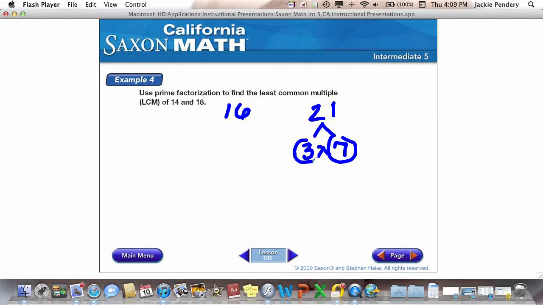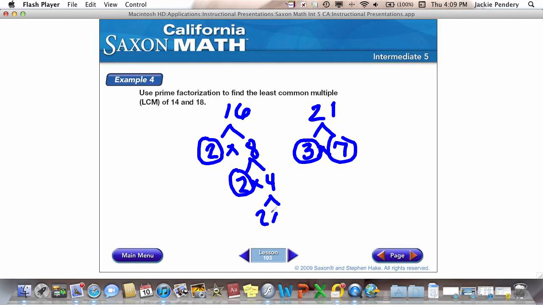So there's our prime factorization. 16, we can go a couple different routes. This time I'll do 2 times 8 and 2 times 4 and 2 times 2.